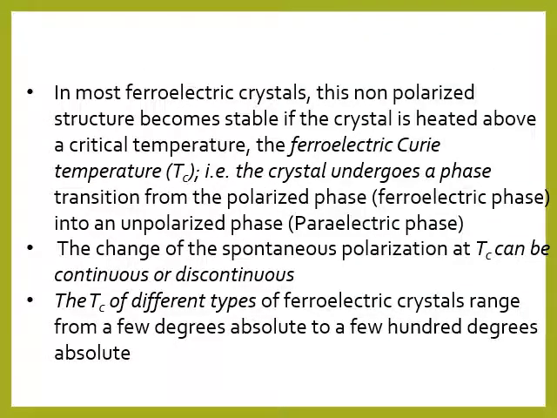In most ferroelectric crystals, the non-polarized structure becomes stable if the crystal is heated above a critical temperature, the ferroelectric Curie temperature. Below this temperature, the material would be spontaneously polarized, and above this temperature, the material would be non-polarized.